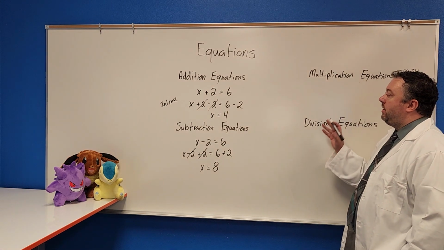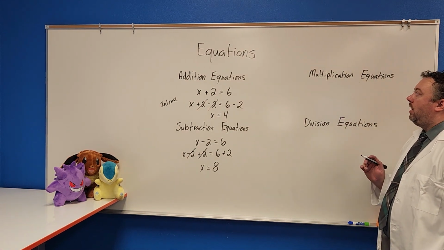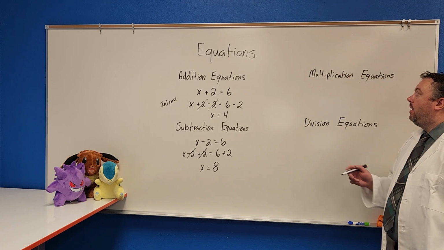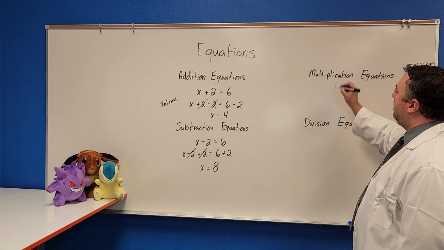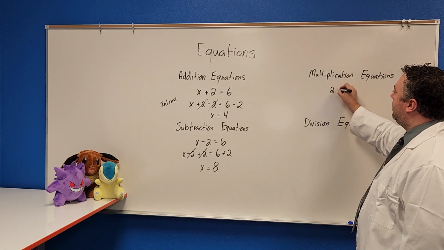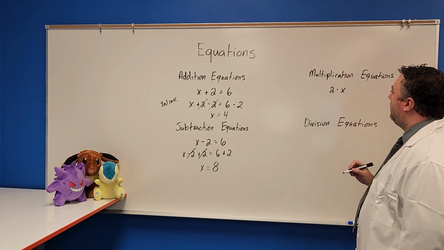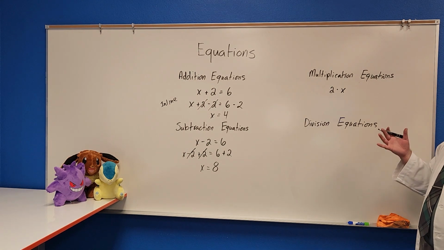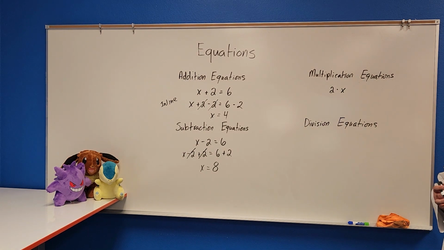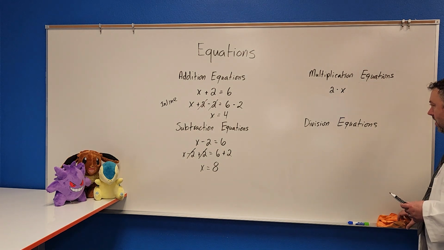Okay, moving on to our next level of equations, multiplication equations. This is where I have a multiplication expression on the left side. However, this is not typically how we write our multiplication equations.